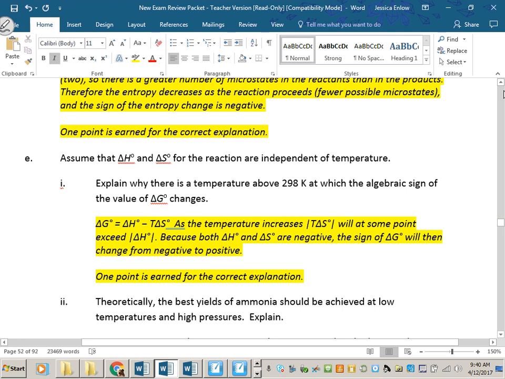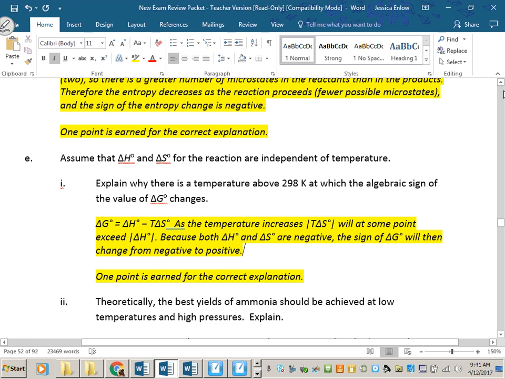So according to Le Chatelier's, how can I force the formation of more ammonia according to that reaction above? Because it was 3 moles of... How can I force the formation of ammonia?